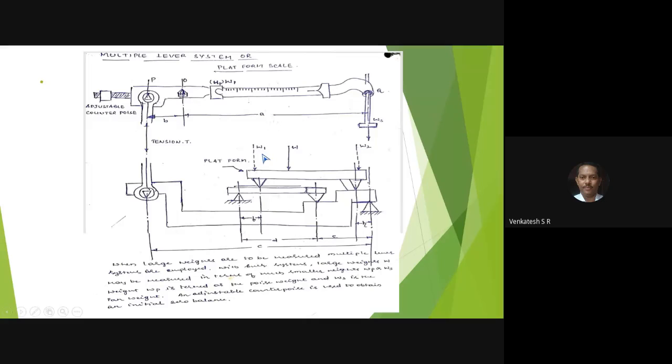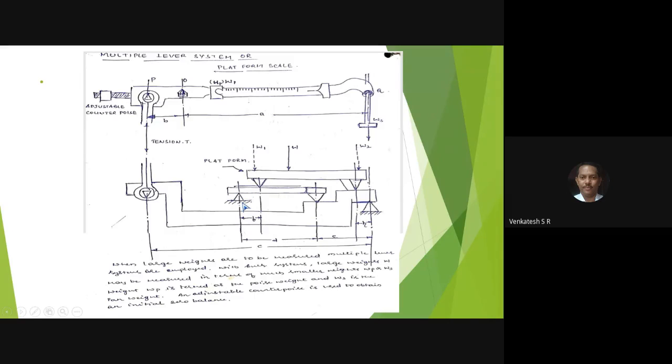See, if you keep the grocery bag or rice bag or anything on the platform, anywhere on the platform, you get accurate measurement. So if you keep the unknown weight W on the platform, which exerts the pressure on the lever, all of you observe here, one more lever is present.